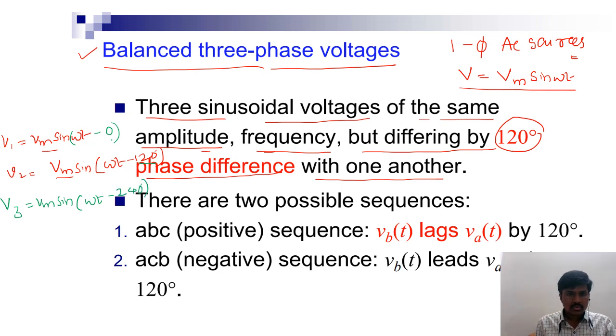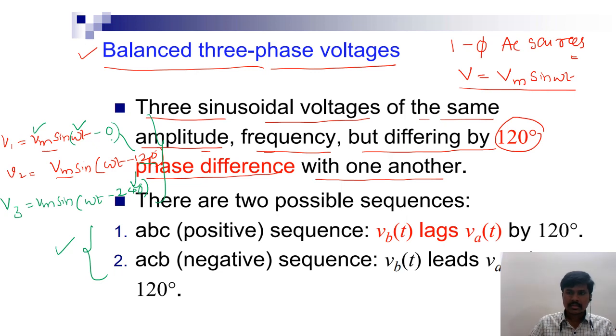So these are three single phase voltage sources having the same magnitude and same frequency, and the phase difference between any two AC sources is 120 degrees. Let us see the phasor representation as well as the representation of these three waves now. Hope this is clear.